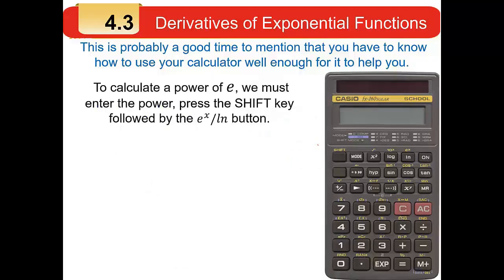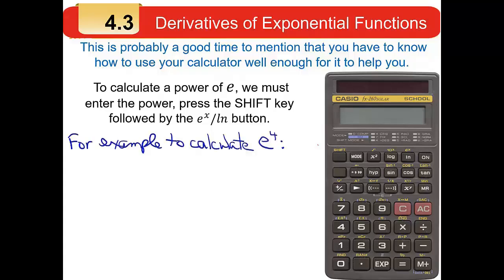Okay, we're talking about exponential, so the base e obviously comes up. And if you ever want to calculate a power of e, here's how you do it. You enter the power, then you press the shift key followed by that button that's got ln on the face of it and the e to the x above.